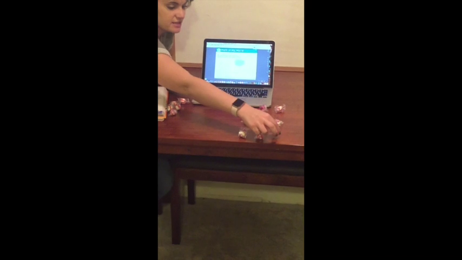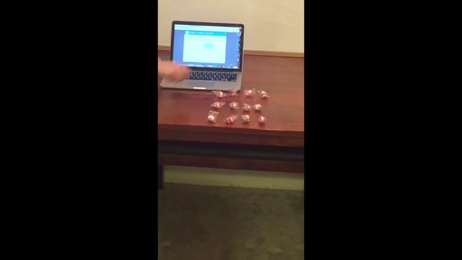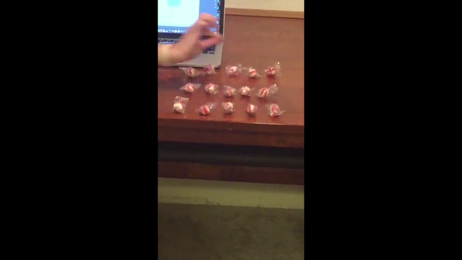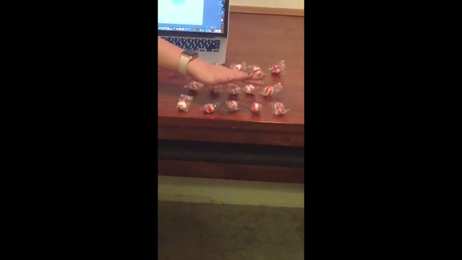They're going to equally share the tents until I don't have any more scouts to go into tents. You can do this with your counters. And we should see that this tent has 1, 2, 3, 4, 5. This one has 1, 2, 3, 4, 5. And this one has 1, 2, 3, 4, 5.